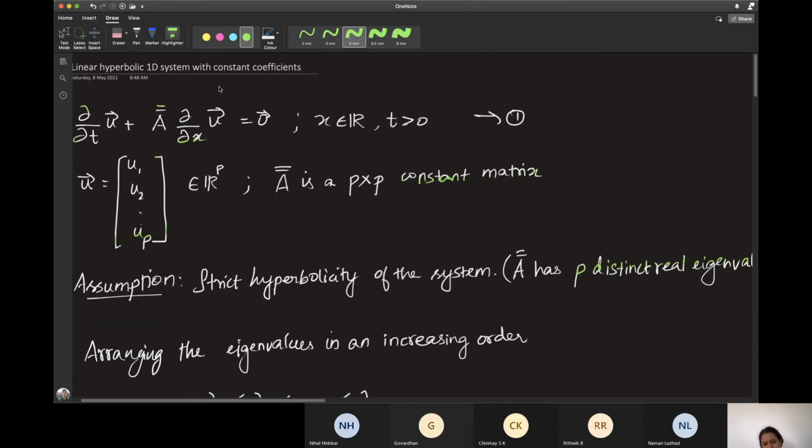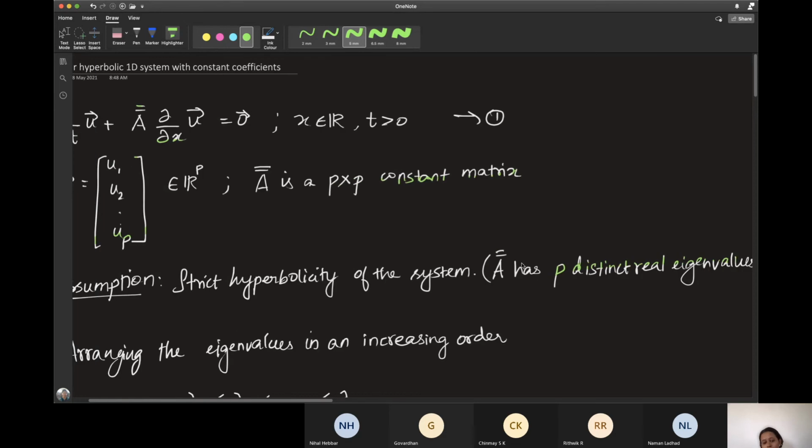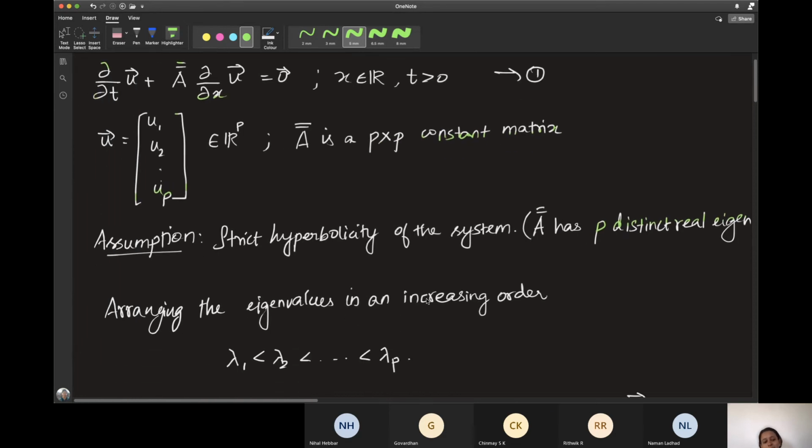This is a p cross p matrix, and it will obviously have p eigenvalues. When we say that it's strictly hyperbolic, we say that its eigenvalues are all distinct. No two of the eigenvalues are equal.